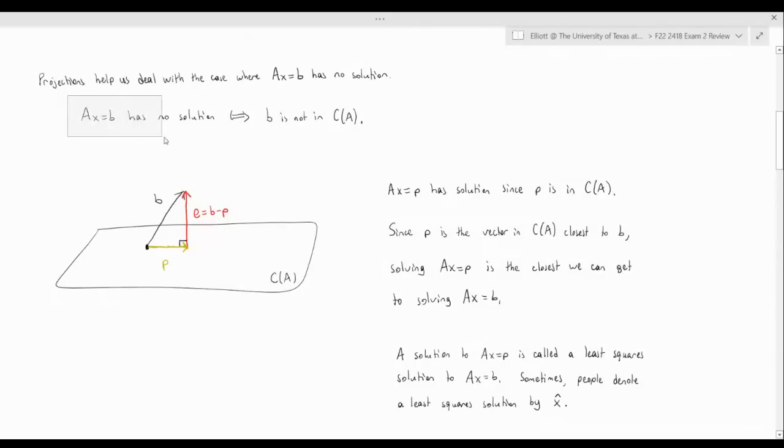So if the equation Ax equals b has no solution, that means that b is not going to be in the column space of A. Because remember, we talked about it earlier, to be in the column space is equivalent to saying that there is a solution to this equation. So therefore, no solution means not in the column space.